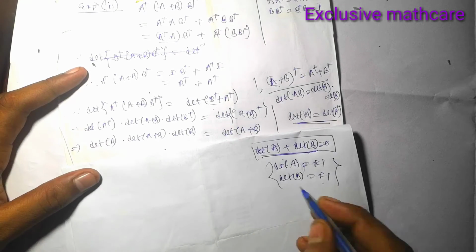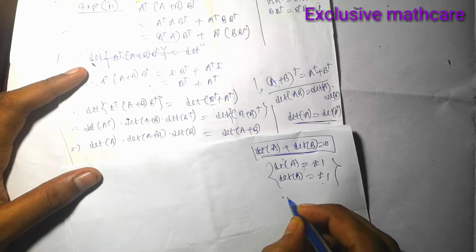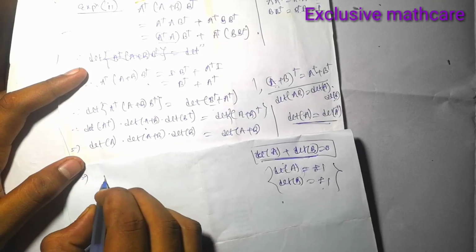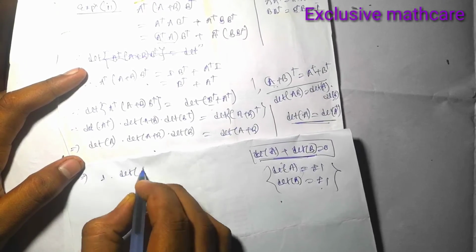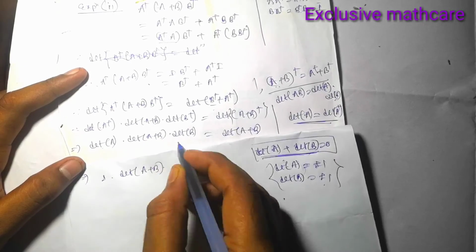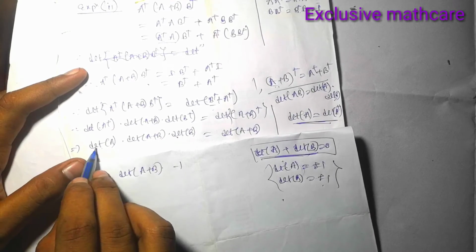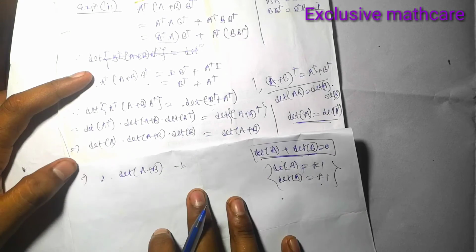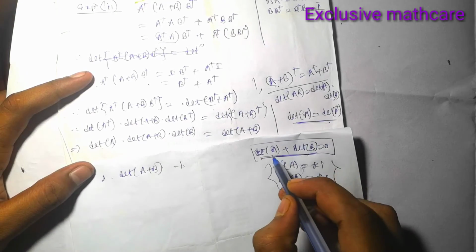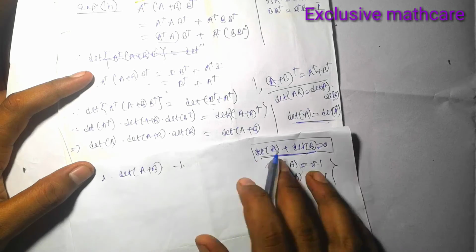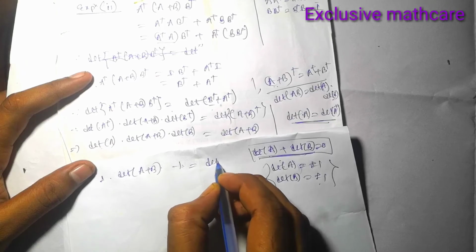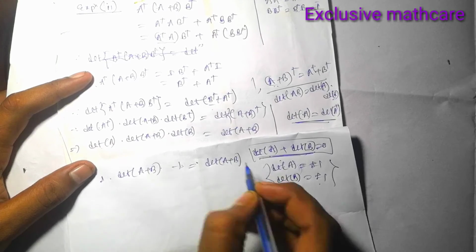So if we assume this equals 1, then det of A plus B, and this equals minus 1. This is also minus 1, this is also plus 1. Any of the cases is possible, as the sum is 0, so both cases are possible.